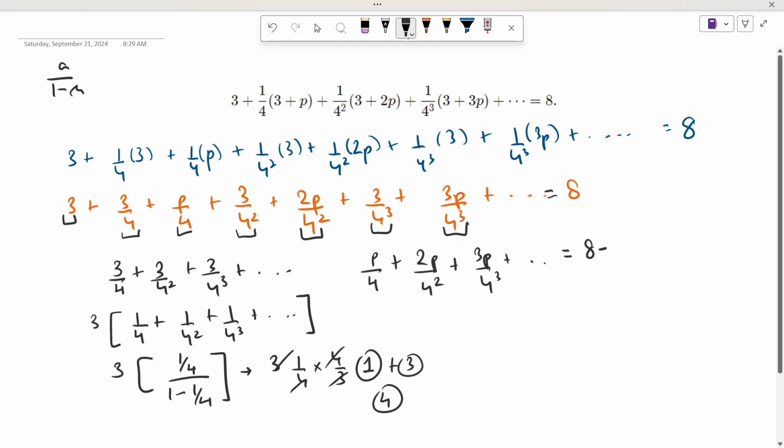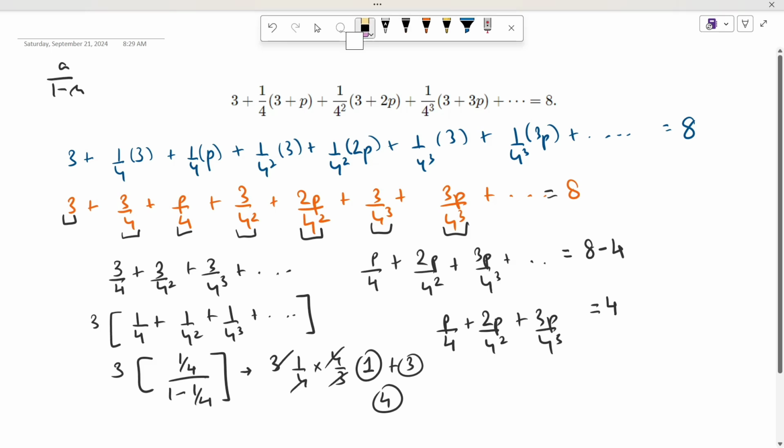We'll subtract them on the right hand side, and we'll get 4 as this. So this would be p upon 4 plus 2p upon 4 square plus 3p upon 4 cube.